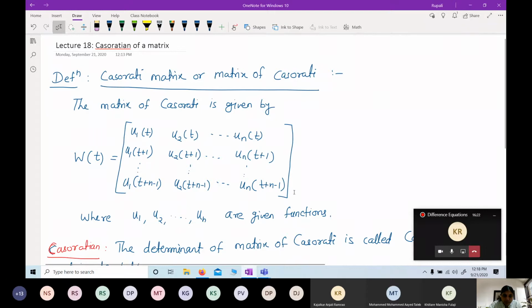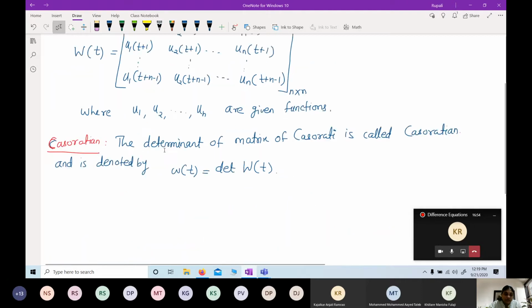If I have n functions u1, u2, ..., un, then this n by n matrix is denoted by capital W(t), with rows u1(t), u2(t), ..., un(t), then u1(t+1), ..., un(t+1), and the last row u1(t+n-1), ..., un(t+n-1).